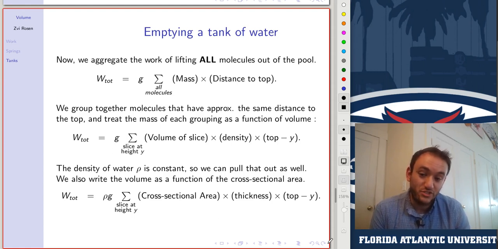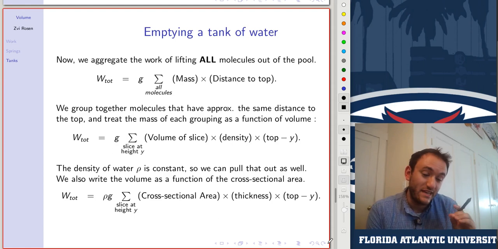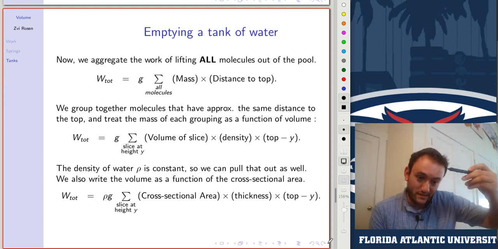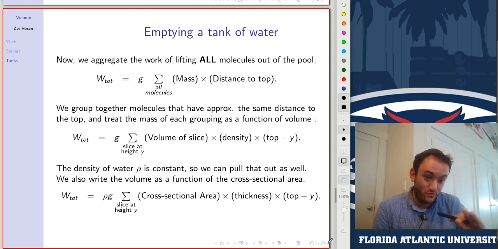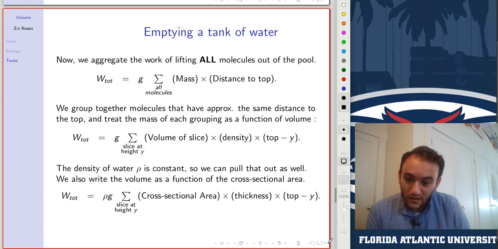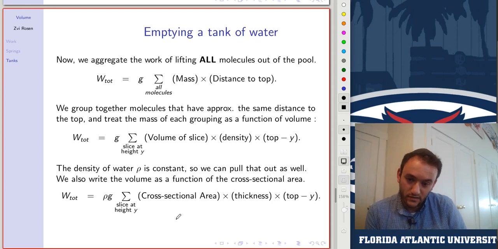So the total work is equal to g times the sum over all slices at height y of the volume of a slice times the density of water. That gives you the mass of water in a given slice, times top minus y, meaning the distance you have to travel from the top down to where that slice is. And that's constant over the slice. The density of water, rho, is constant, so we can pull that out as well. And we can also write the volume as a function of the cross-sectional area, right? So think about, let's draw a pool, a rectangular pool.